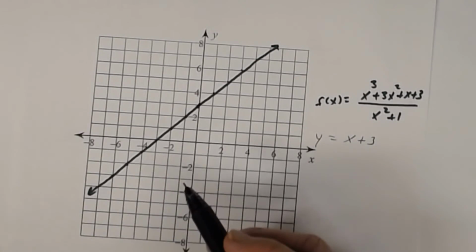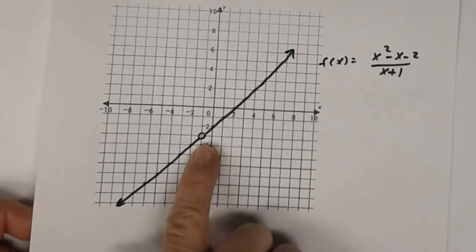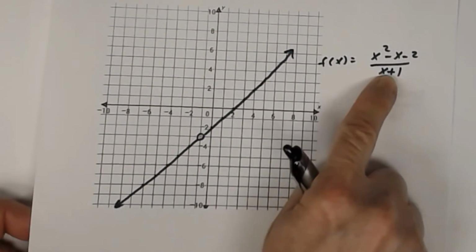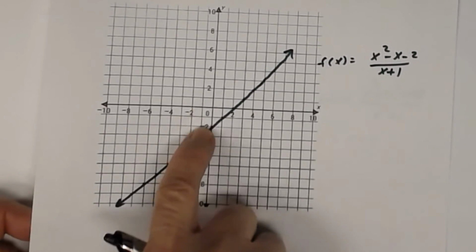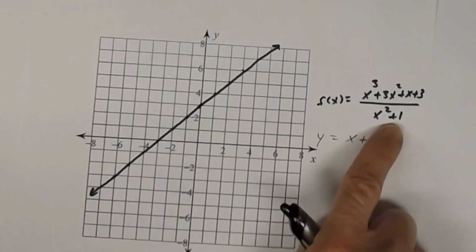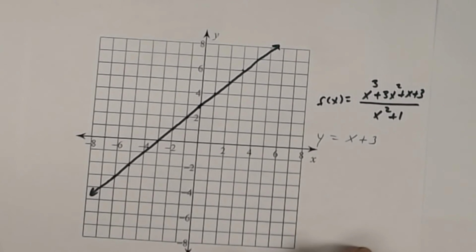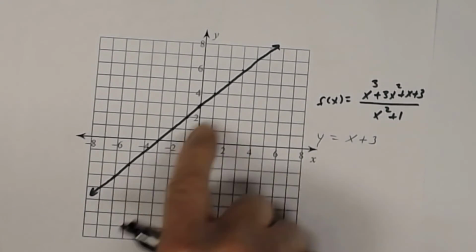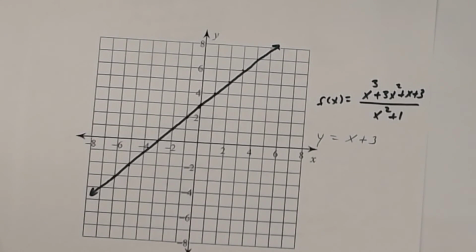There's no holes. In the previous problem, there was a hole because there was a restriction, x equals -1. Here, the denominator is never going to be 0. That's the sum of 2 squares. No matter what real number I square, add 1, this is never 0. And so you see a line with no holes. All right?